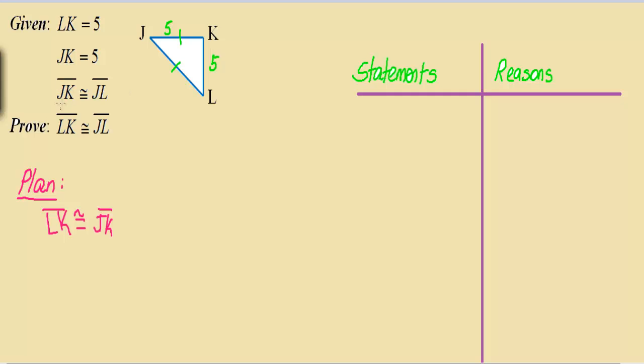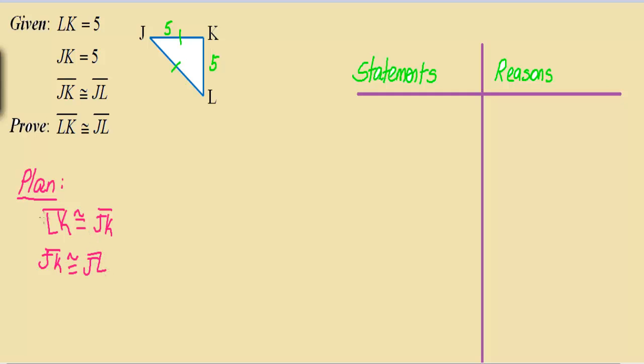Well, it tells me that segment JK is congruent to segment JL. So right away I see a connection between what I've concluded and what they're giving me. They're saying, look, segment JK is congruent to segment JL.